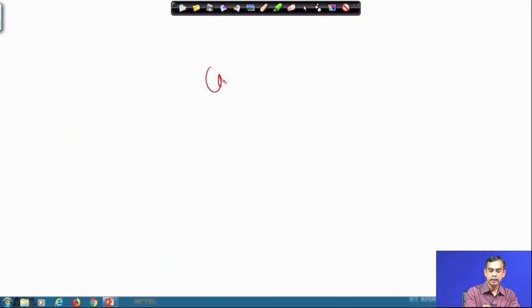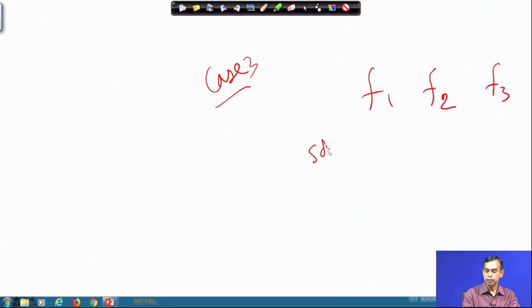Now, let us see another case, case 3. Again f1, f2 and f3 are all to be minimized, and there are 2 solutions, solution 1 and solution 2, let solution 1 be 2, 3, 5 and solution 2 be 1, 4, 6.